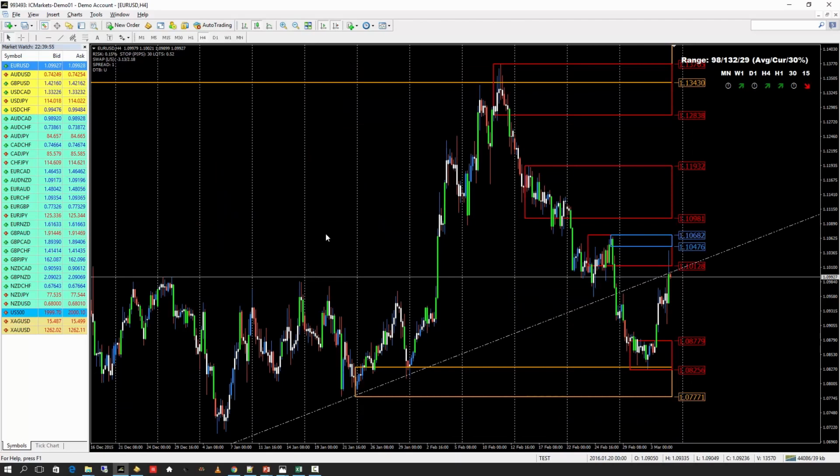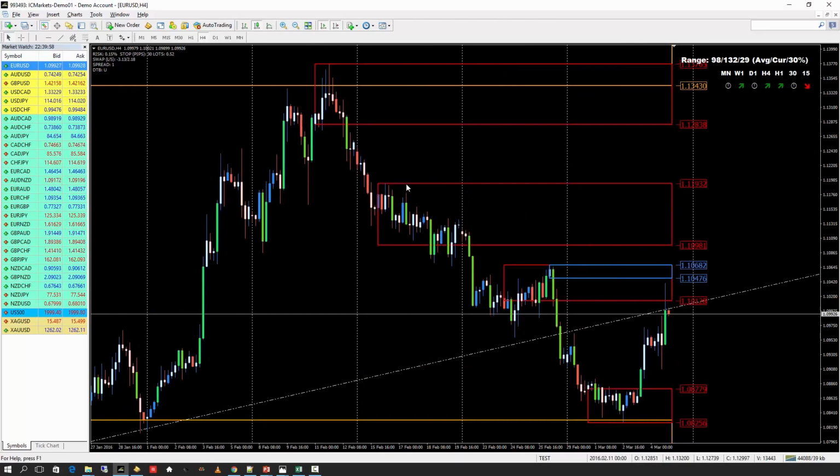If we look at a trend line for the time being, we want to see some clear swings. Let's draw these manually. We have a high, low, high, low, high, low, high.